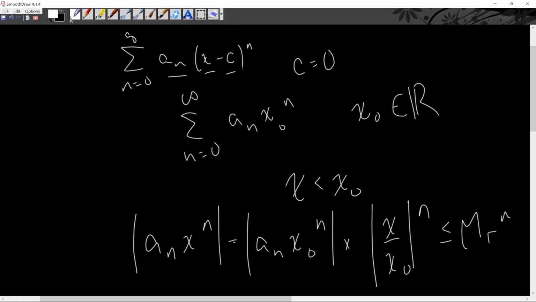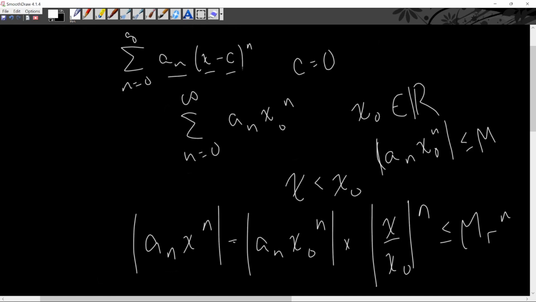So a lot of stuff going on, but the idea is still the same. You are just expanding this idea that a sub n times x sub 0 to the nth power is less than or equal to m, so it's bounded from above by m.